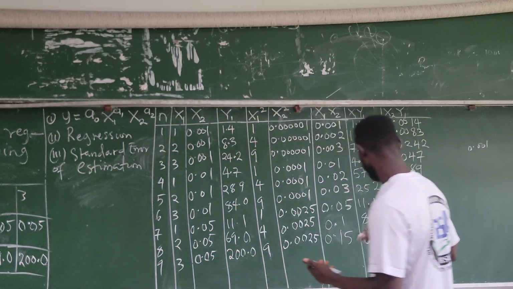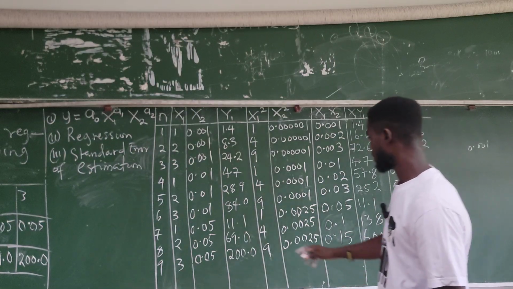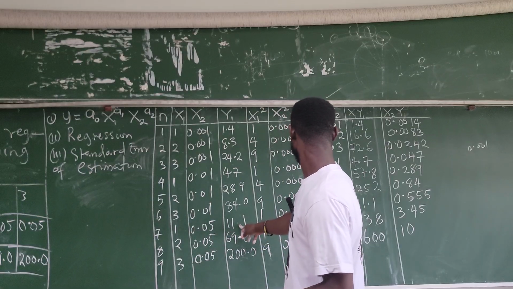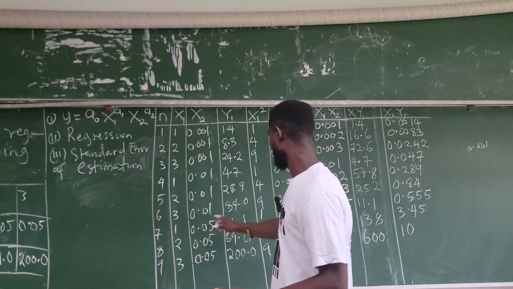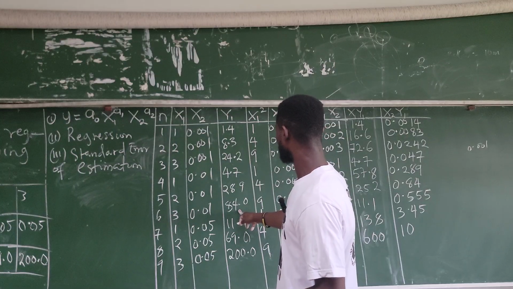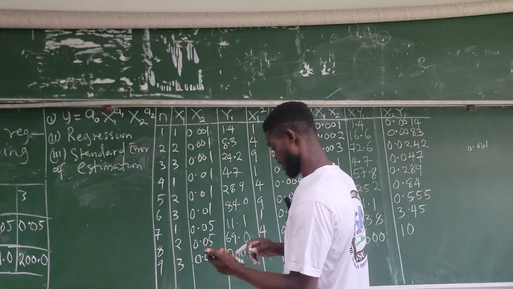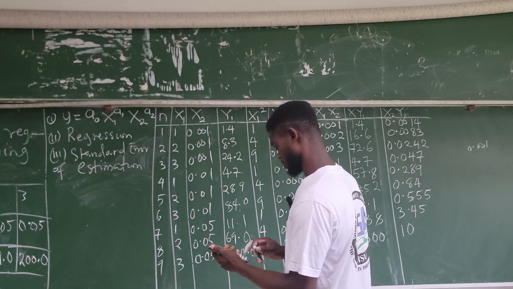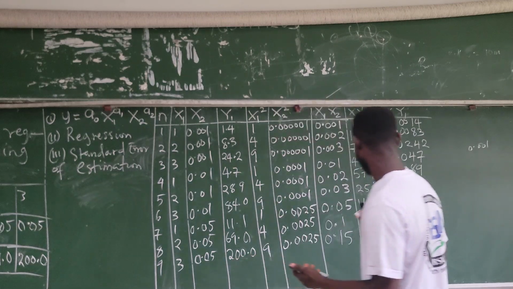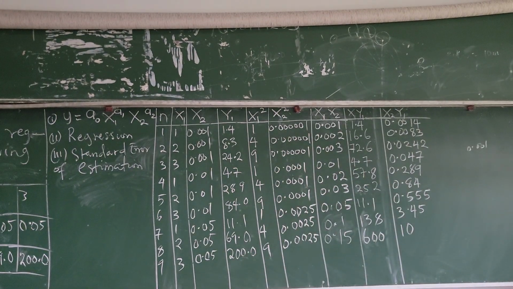That is 138. So here is supposed to be 138. So 1 times 11, this one is okay. 3 times 84.0, 252. That is okay. All right.